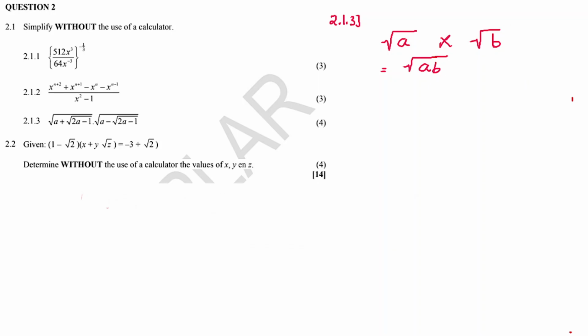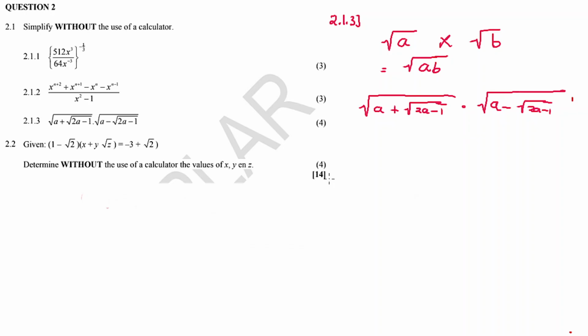So we do question 2.1.3. I have the square root of a plus the square root of 2a minus 1 multiplied by the square root of a minus the square root of 2a minus 1.